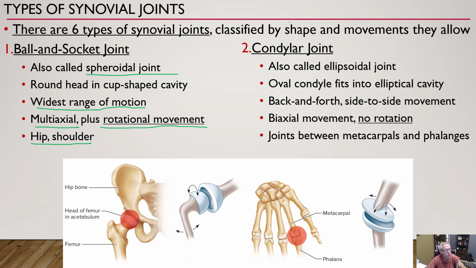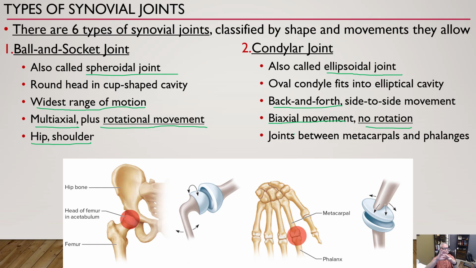A condylar joint, also called an ellipsoidal joint. Again, rarely are you going to hear ellipsoidal joint. Basically, this is a two-dimensional joint, no rotation. Basically, a back and forth motion or a side-to-side motion.